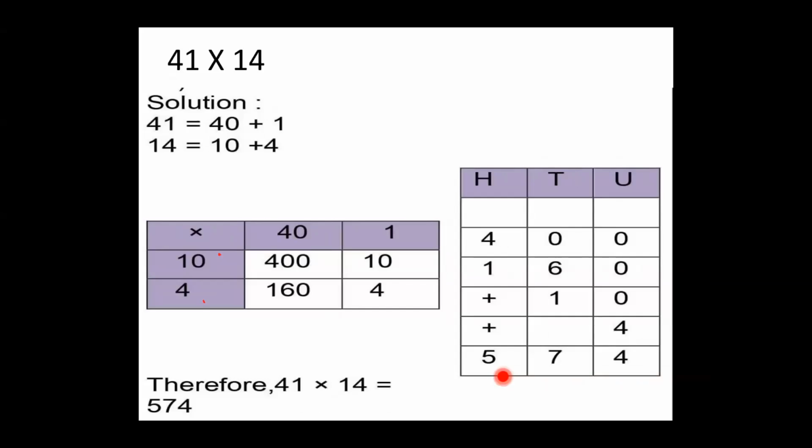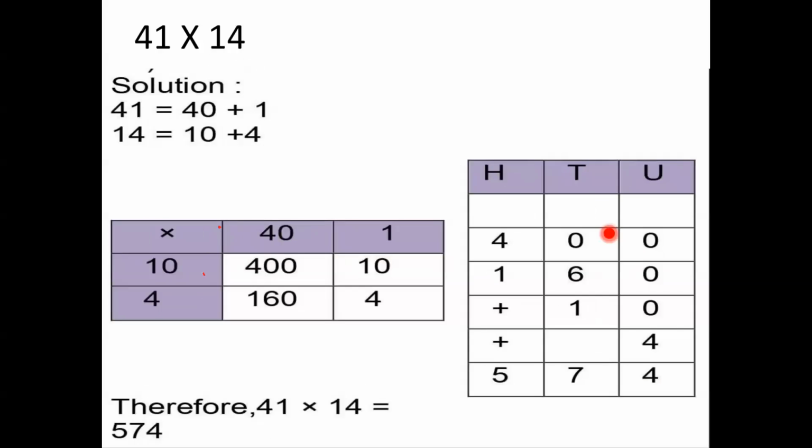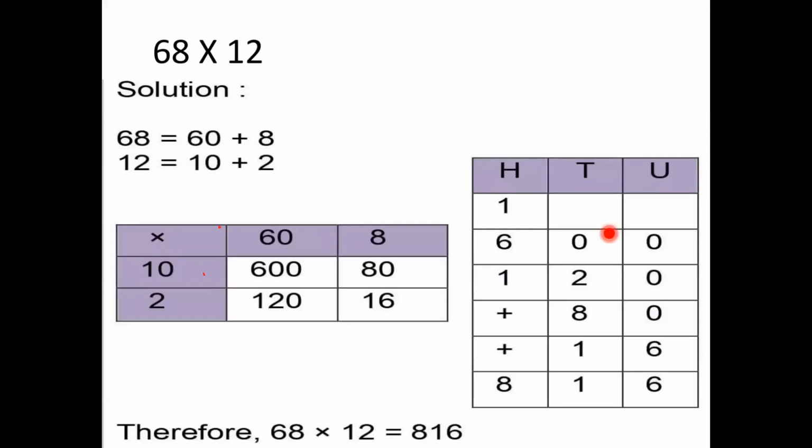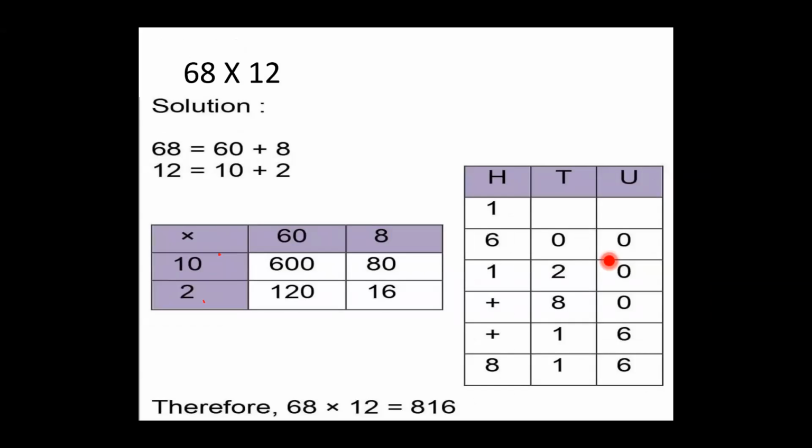Everyone draw the table vertically and horizontally. 3 columns vertically, 3 columns horizontally. And place the digit. Yes.